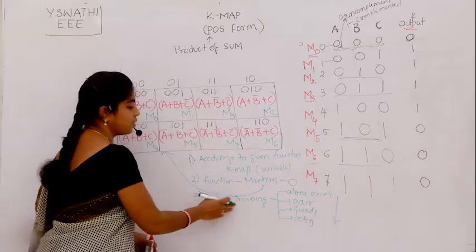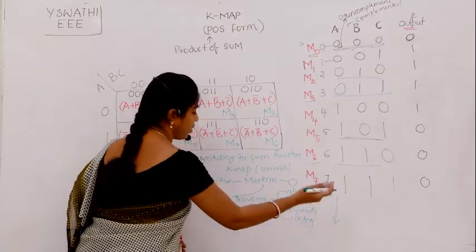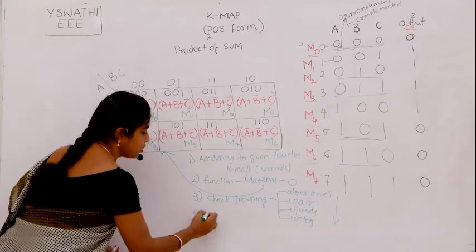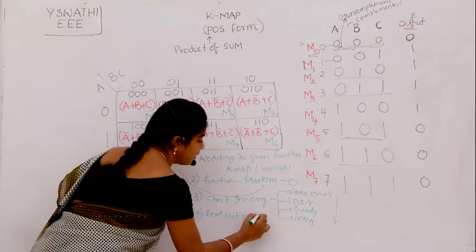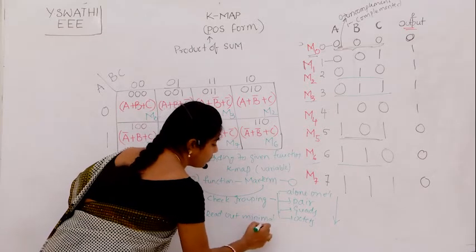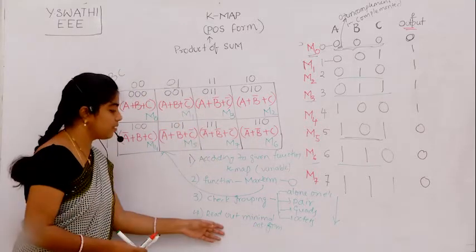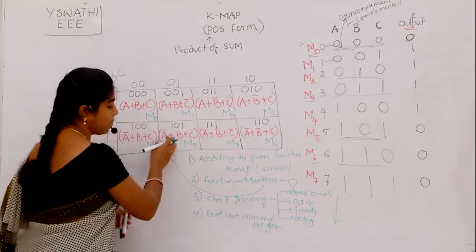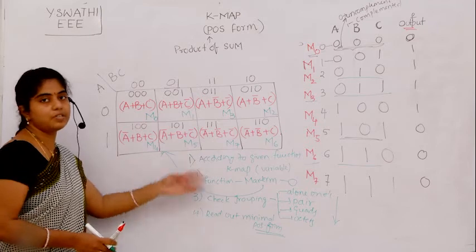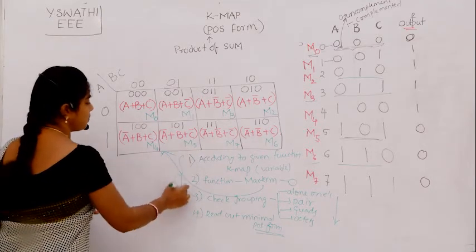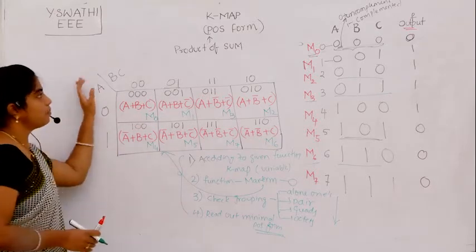And at last, you should read out the minimal POS form or minimal max terms from the given K-map, and then write in POS form. Read out the K-map reduced expression. This is our procedure while minimizing a given expression in the K-map in POS form.